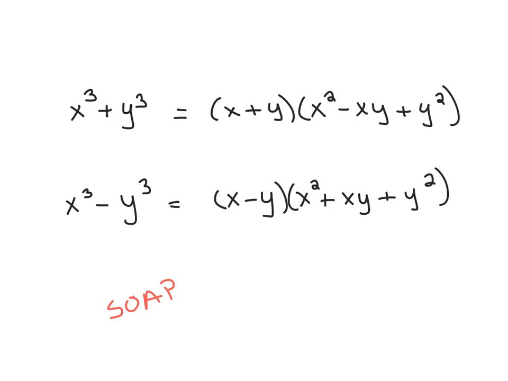What SOAP stands for is the first sign will be the same. It's a plus, it's a plus. If it's a minus, it's a minus. So same. The second sign is opposite.